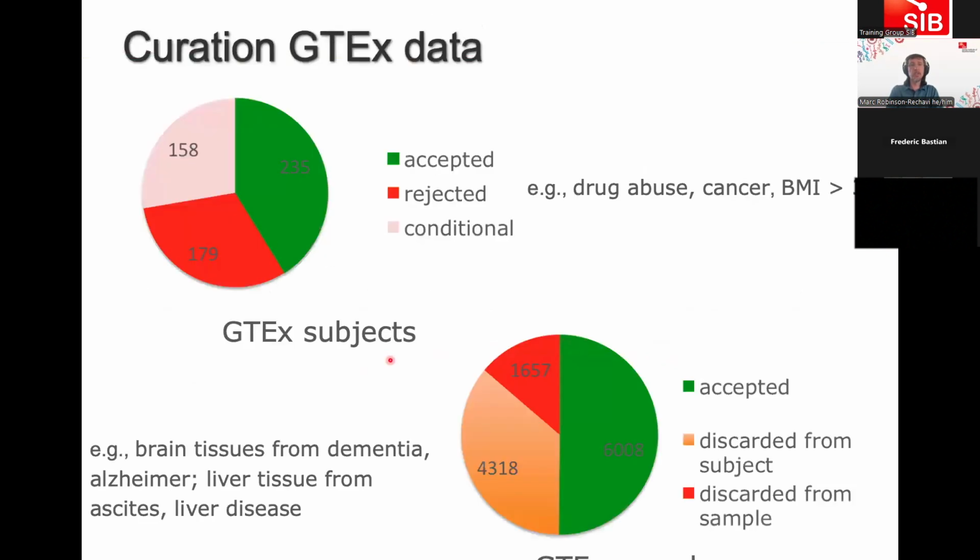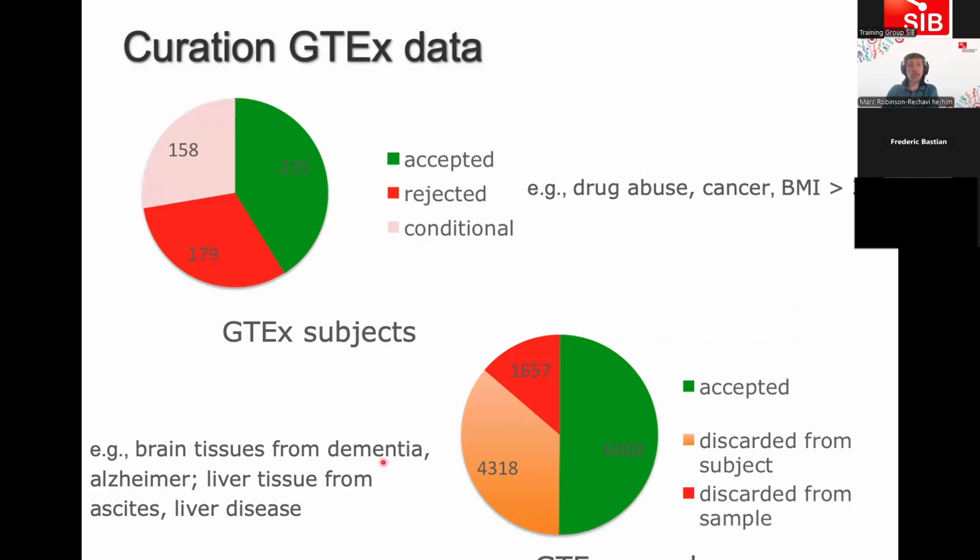So we recurated GTEx data, and we found that we had many individuals that we could not keep in Bgee because they died of drug abuse, for example, or of cancer, or they had a BMI which is considered by the World Health Organization as unhealthy.